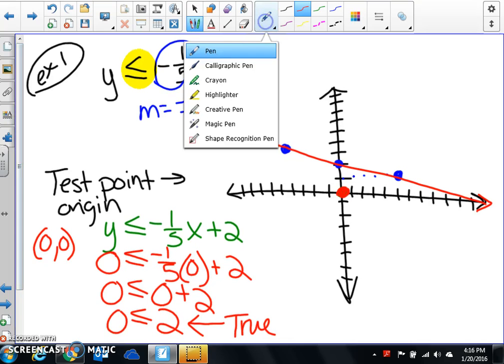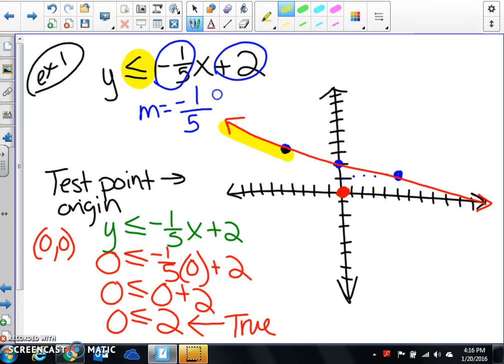So I would grab my highlighter and I would shade everything starting at my line, everything below. There we go. That is my graph to the linear inequality.